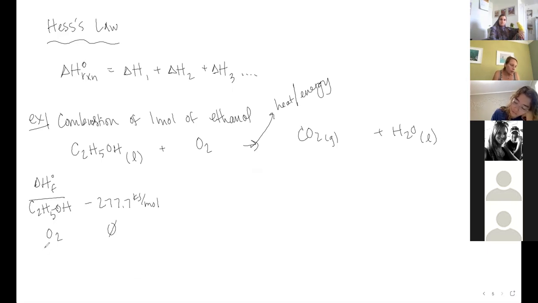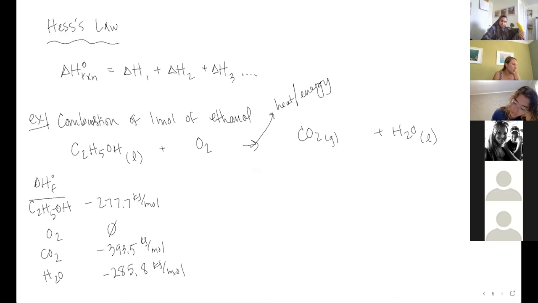For carbon dioxide, we have negative 393.5 kilojoules per mole. And for water, this is an element, no, it's not an element, sorry. Water, it's not elemental, it's a compound. We have negative 285.8 kilojoules per mole.